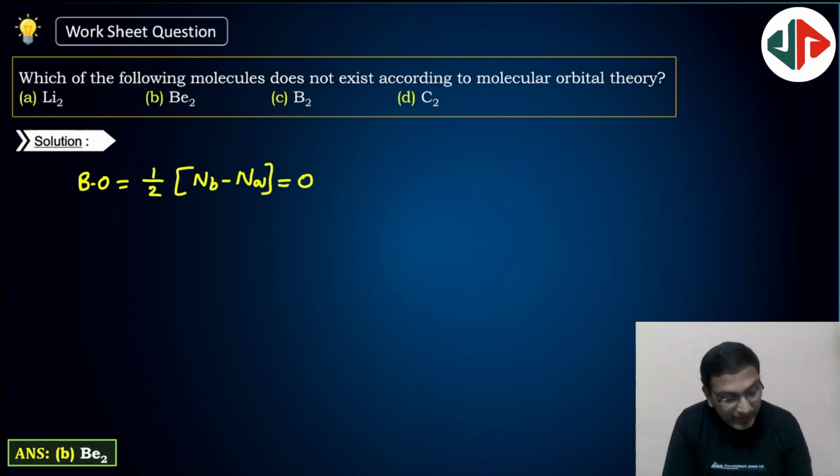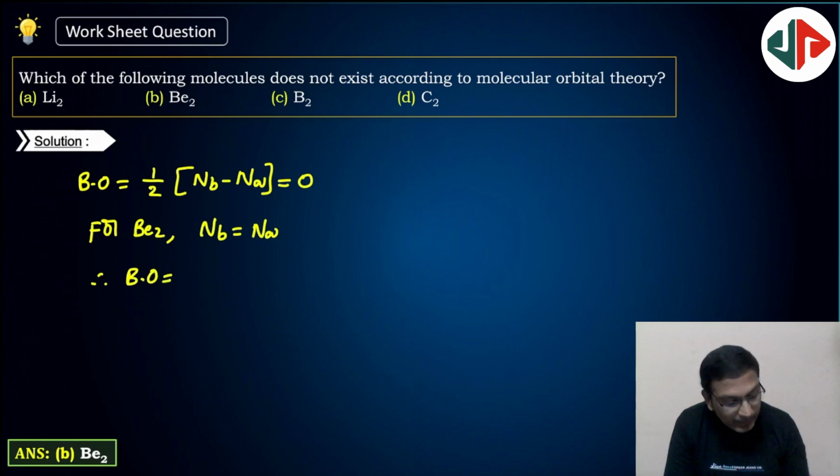So here for Be2, number of bonding electrons will be equal to number of anti-bonding. Therefore bond order equal to 0 for Be2. Therefore Be2 does not exist. Option B.